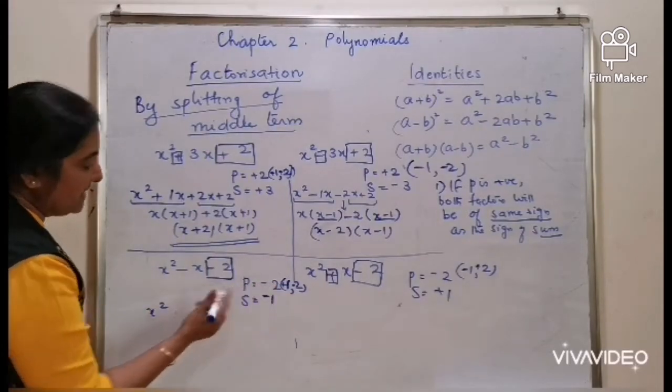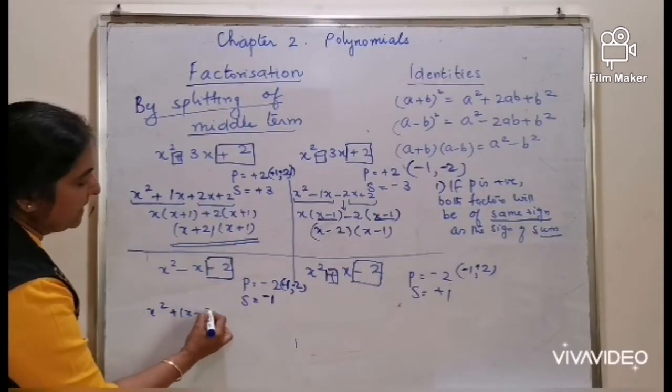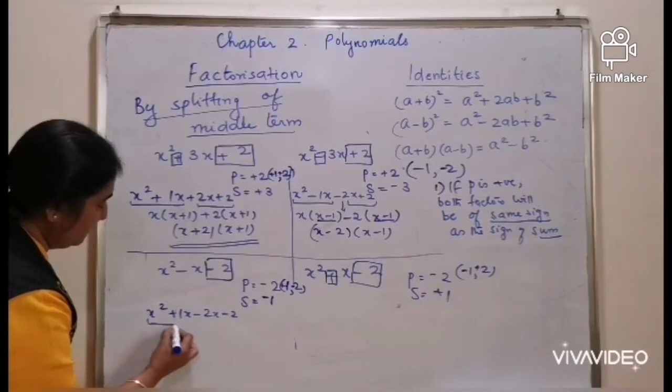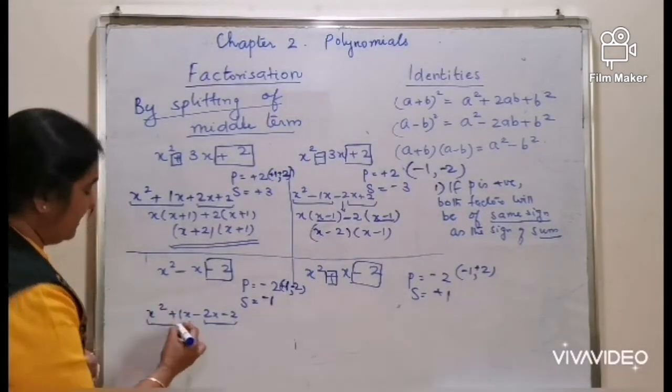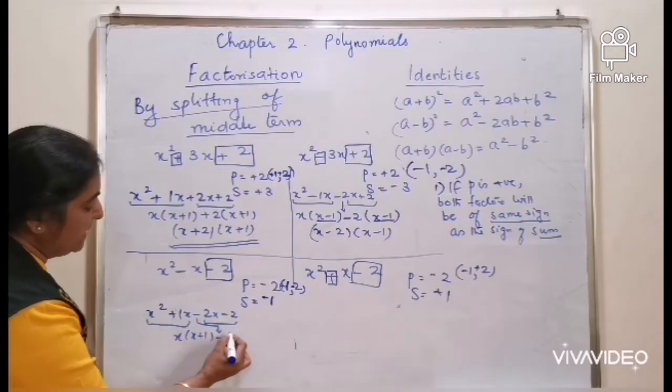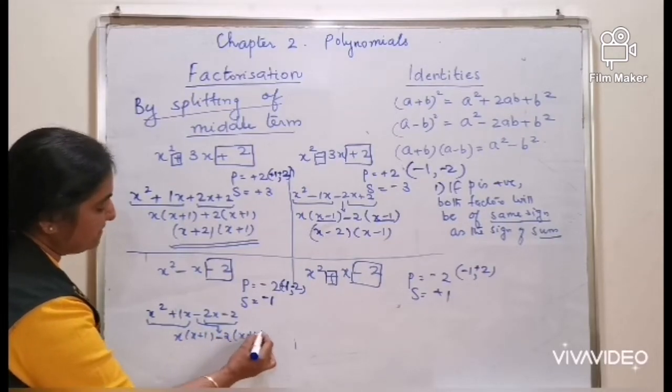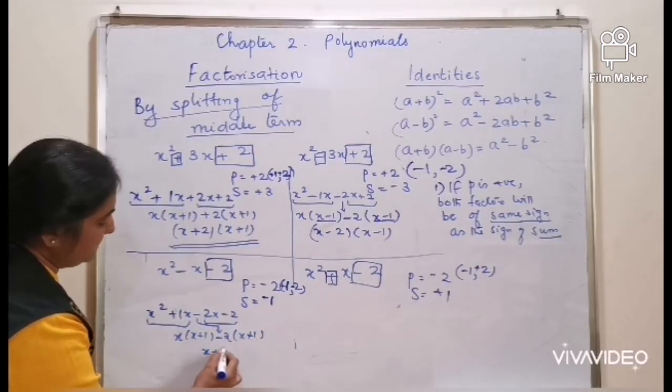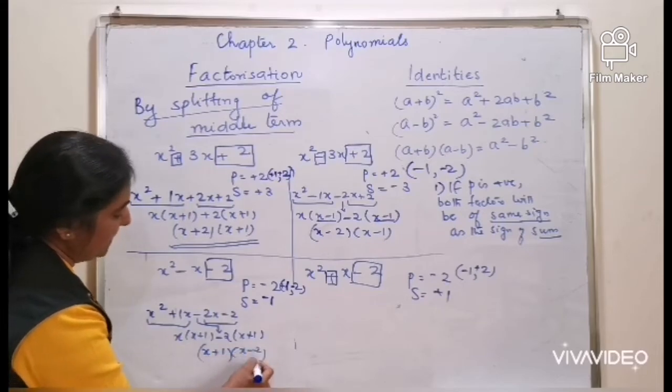X square, by splitting, plus 1x minus 2x minus 2: x into x plus 1, the same rule, minus 2 into x plus 1, so x plus 1 into x minus 2.